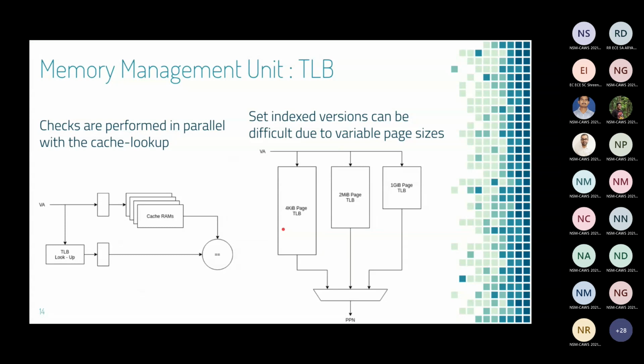So if I have 4 GB of memory, I only need 4 1 gigabyte pages, right? So I can have a maximum of 4 entries only, and maybe a slightly higher number of 2 megabyte and a significantly higher number of 4 kilobyte pages, right? So I access all of them simultaneously. Only one of them will be a hit, and whichever one is the hit provides the physical address to me.